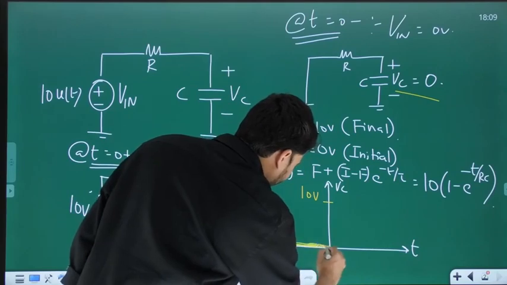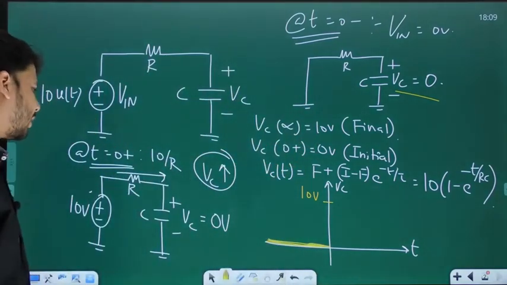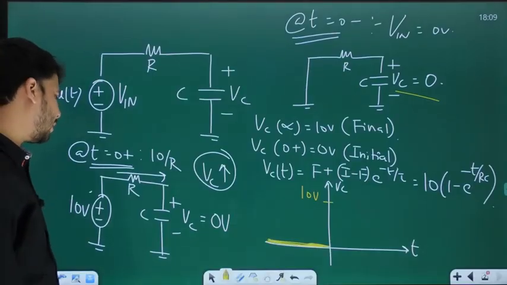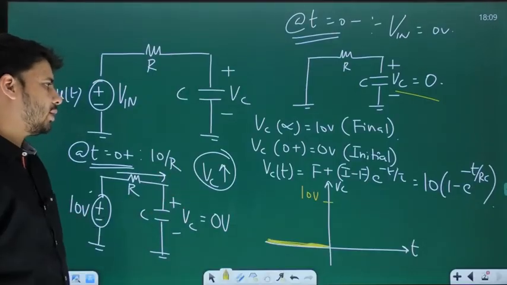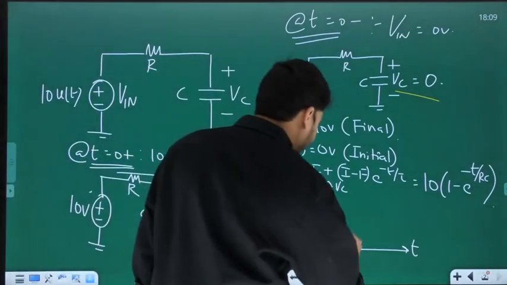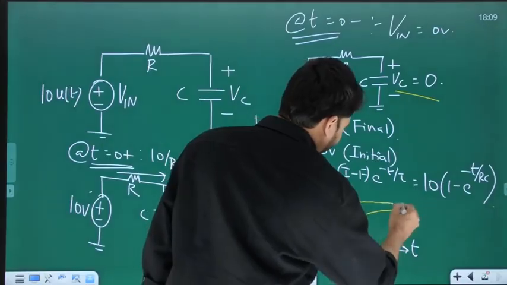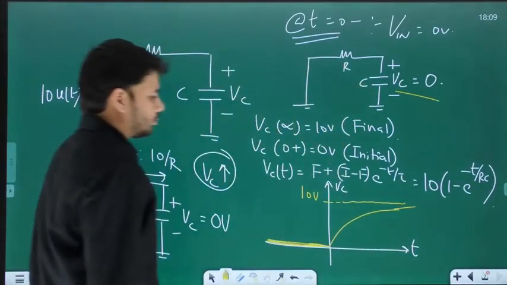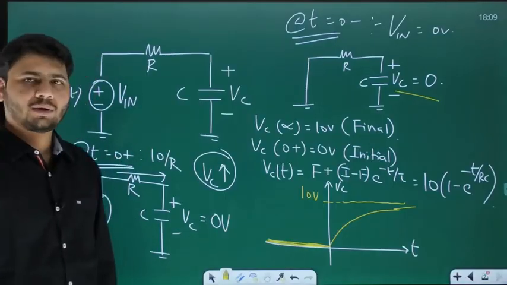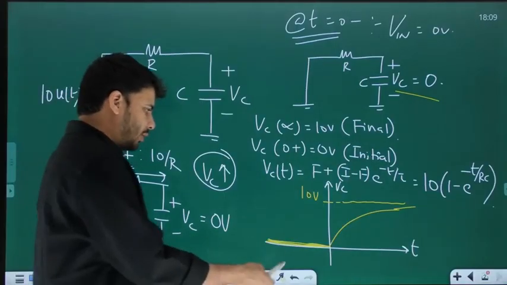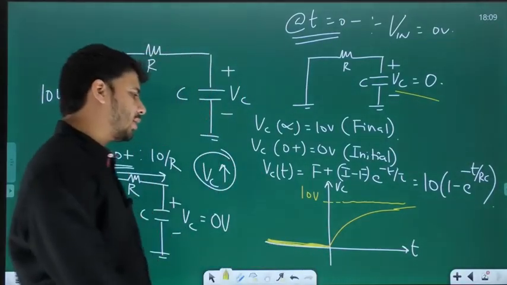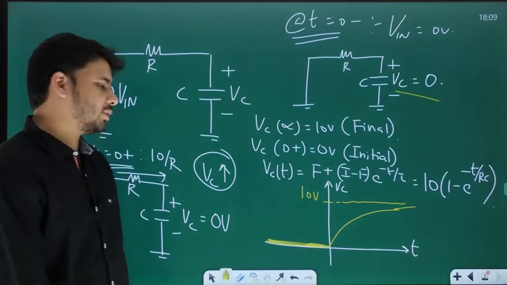And what happens to the value of Vc after t equal to 0? After t equal to 0, the cap will start getting charged, and exponentially it will get charged to the final value, which is 10 volts. It does something of this sort. That's all. This is how Vc changes after t equal to 0. So up to t equal to 0, Vc is 0, and after t equal to 0, Vc will exponentially rise to 10 volts from 0 volts.